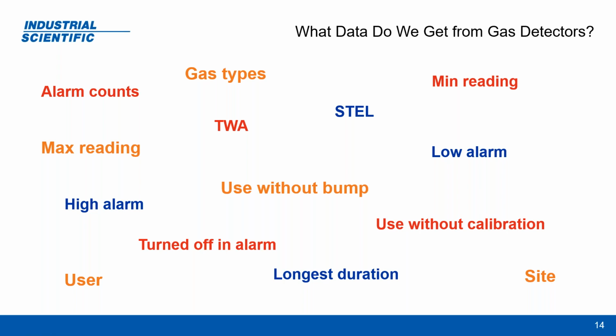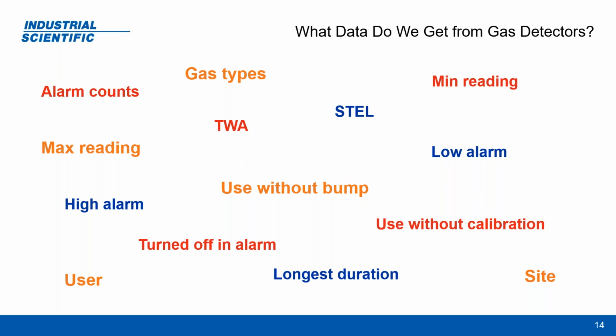And within the program, from our gas detectors, sure, we take it out and we see a reading on the display, and we get an audible alarm or a visual alarm or a vibrating alarm. But there's a lot of other information that is collected in the data that comes from them.